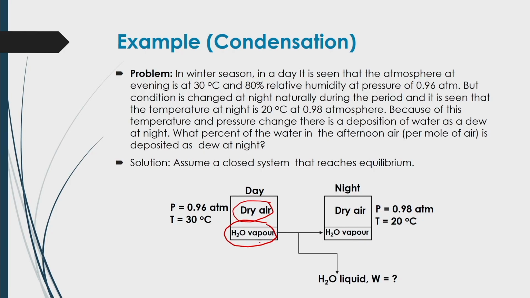So, the dry air contains this water vapor at a temperature of 30 degrees Celsius and a pressure of 0.96 atmosphere, whereas at night the amount of vapor is lowered after condensing out as a liquid, and that amount is W. And at night the condition is a pressure of 0.98 atmosphere and a temperature of 20 degrees Celsius. So, this is your problem: what will be the amount of water that is condensed as dew at night, that you have to find out.